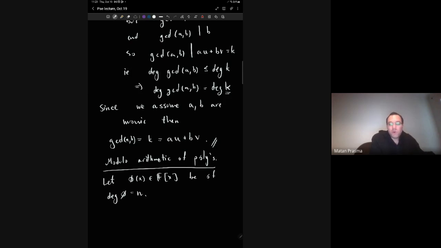Now, if you take a polynomial over f and you do long division with phi, the possible remainders you get are basically all the polynomials with degree less than the degree of phi.